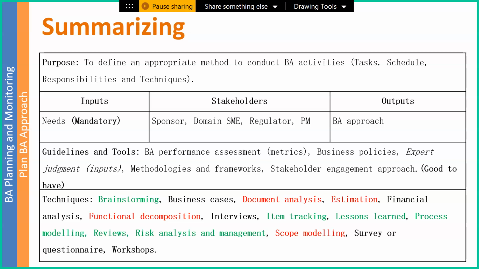Would you say Scrum is a subset of Agile or Waterfall Agile? Be careful about using Waterfall and Agile in your mind as the approaches. Those are not approaches in BABOK. It's predictive and adaptive, so just keep that in mind. And you will not be tested on anything like Scrum.